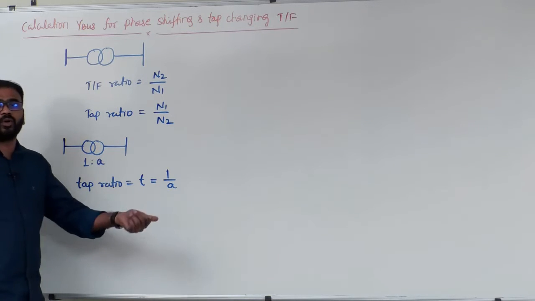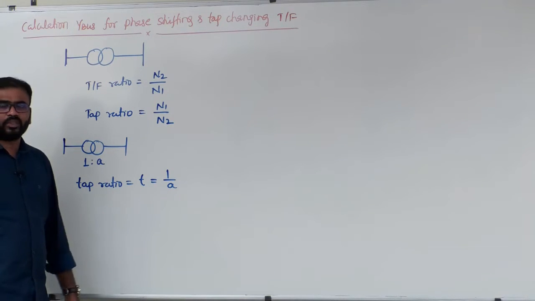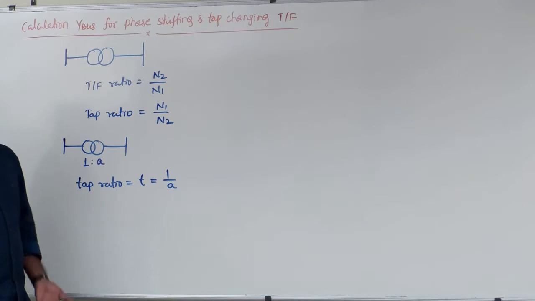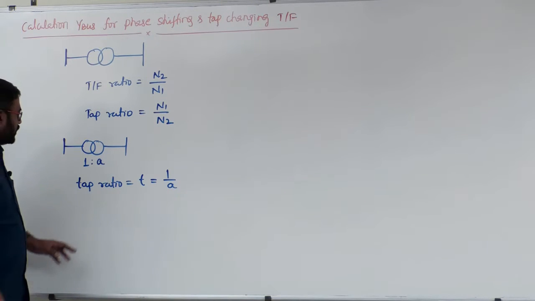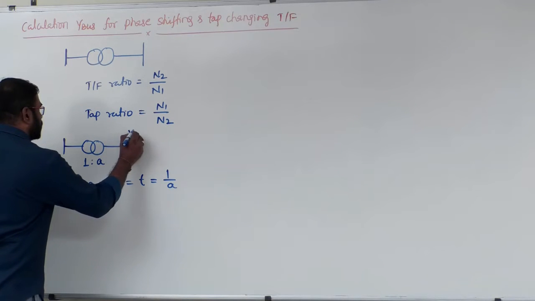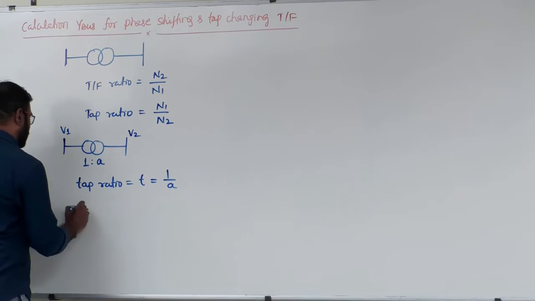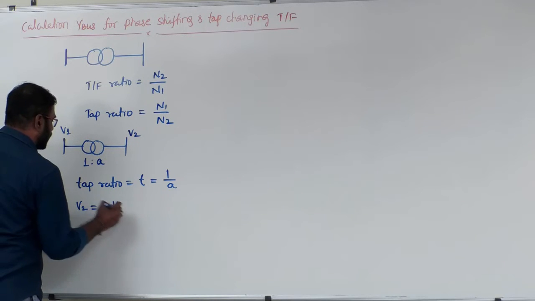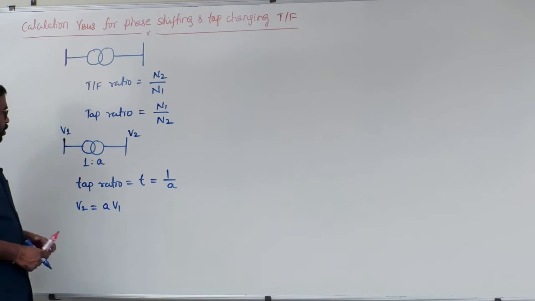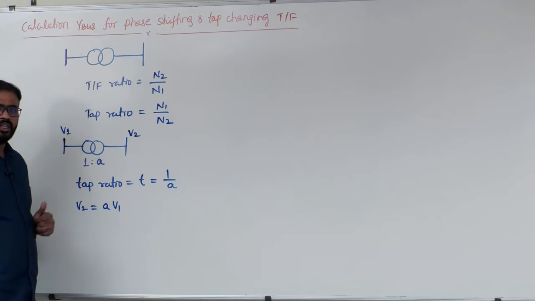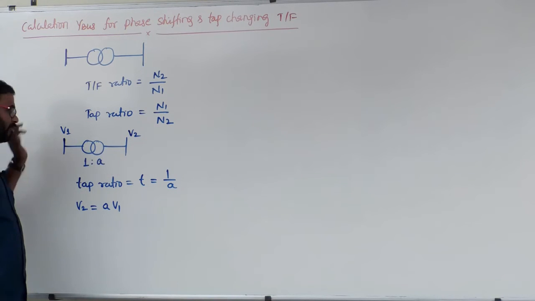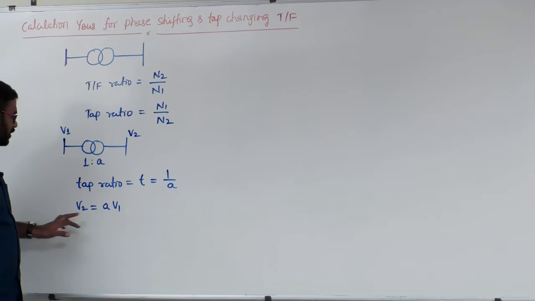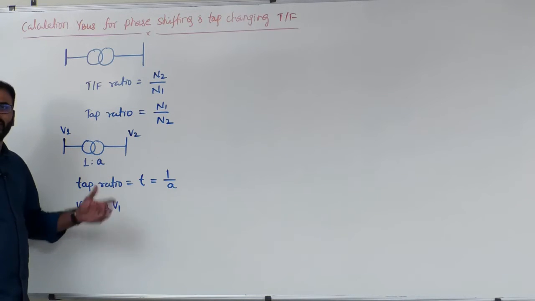T may be greater than 1 or less than 1, depending on the type of control you are choosing. For example, let's say this is V2 and V1. V2 equals A times V1. In per unit, if you want V2 per unit greater than V1 per unit, then A must be greater than 1 and T must be less than 1.